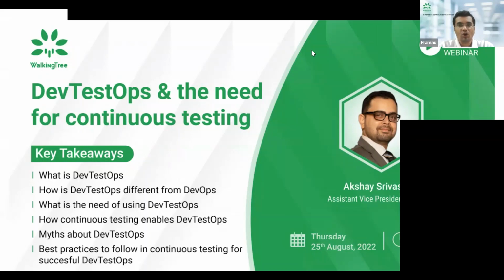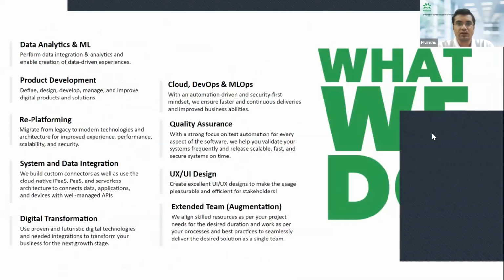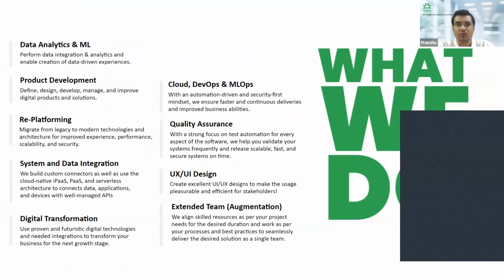So I'll quickly introduce Walking Tree Technologies for anyone joining us for the first time. Walking Tree Technologies is a technology-focused company with our core focus on designing and building cross-platform web and mobile applications, perform system integrations, and enable digital transformation. We also specialize in data integration, data analytics, migration from legacy to modern systems, cloud migration, and of course, perform UX design.